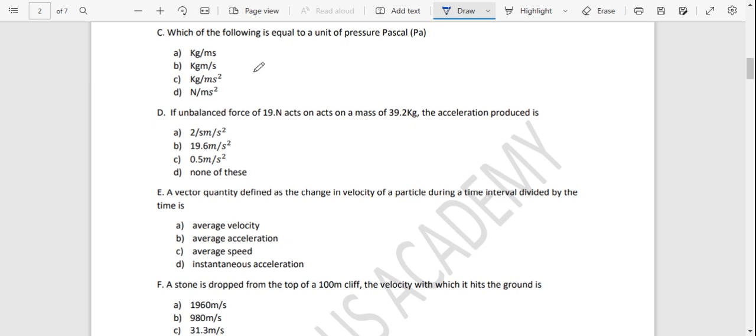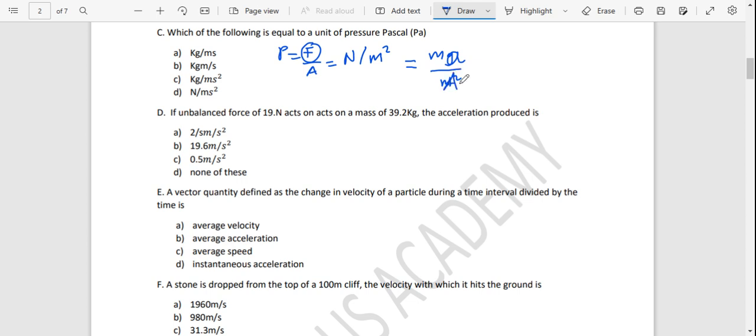Which of the following is equal to a unit of pressure, which is a Pascal? Now we know that pressure is given by force divided by area, and force is given in newtons. Area is given in meters squared. So this is equal to a Pascal. Since this value is not there, we can go on. We also know that force is given by mass times gravity, and in the denominator we've got m squared. Instead of mass times gravity, let me say mass times acceleration, because gravity is simple acceleration.